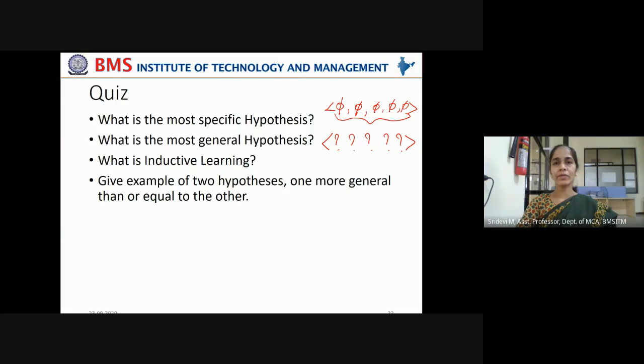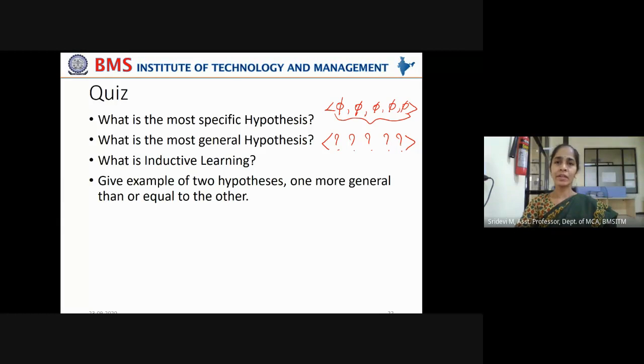What is inductive learning? All these terms you should be very familiar with. Otherwise, when you're reading about some concepts or articles on the internet related to data science or machine learning, you will again fall into doubt. What is this induction? What is this hypothesis? You should be very familiar with all these topics.